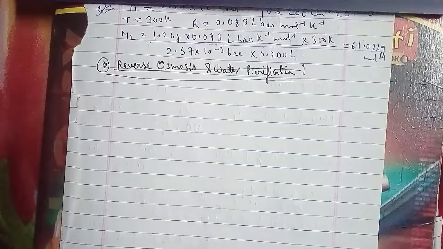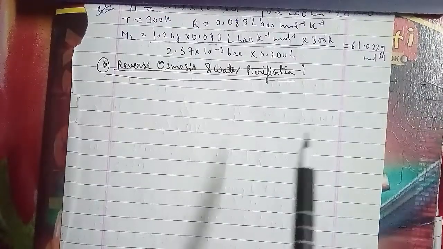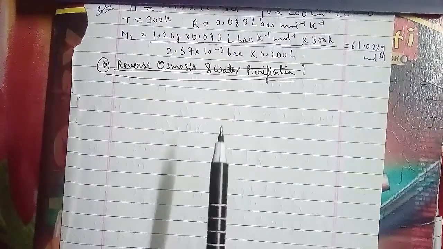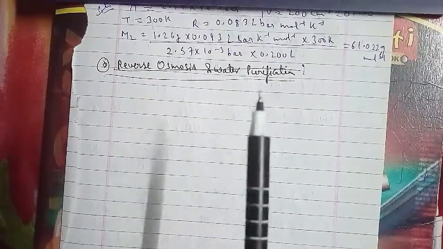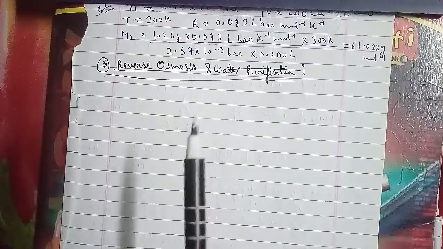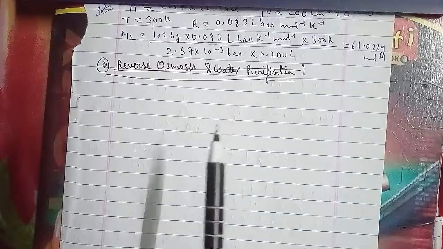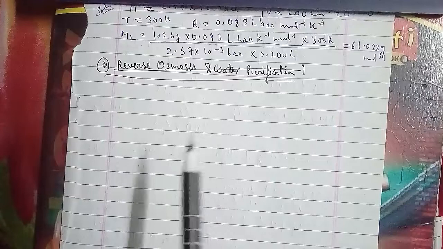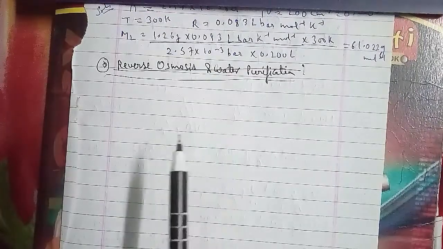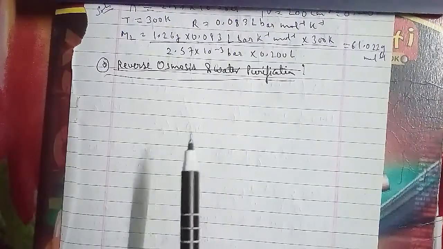The other, the 12th question of the session here: calculate the osmotic pressure in pascals exerted by a solution prepared by dissolving 1 gram of polymer of molar mass 185,000 in 450 ml of water at 37 degrees Celsius. So these were the questions, and we had arrived at 12 questions here.